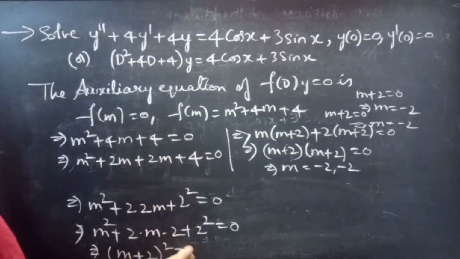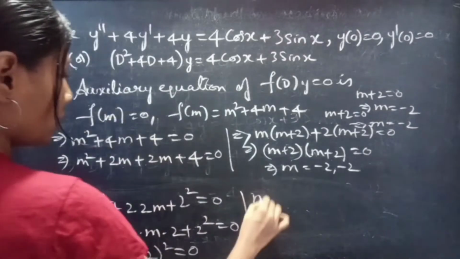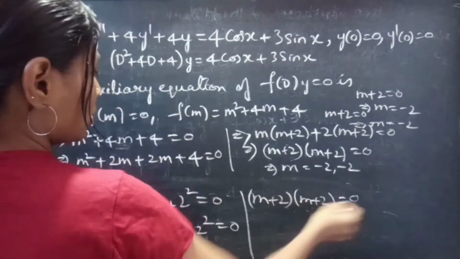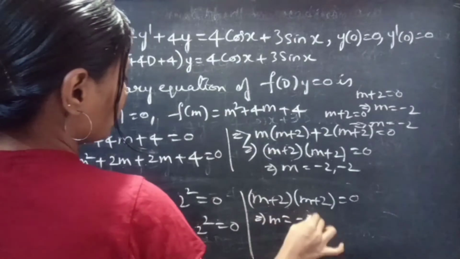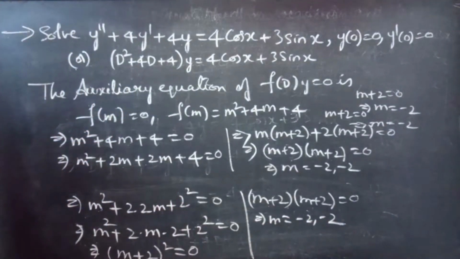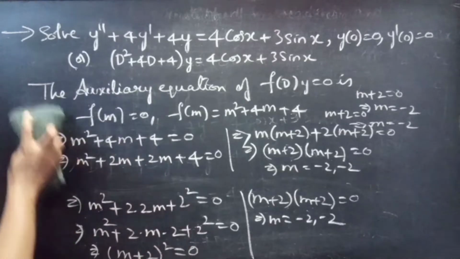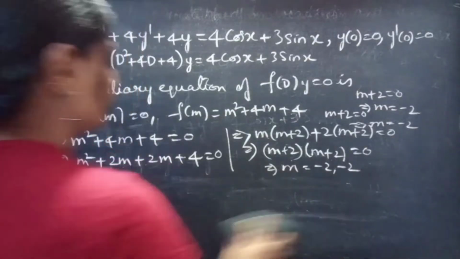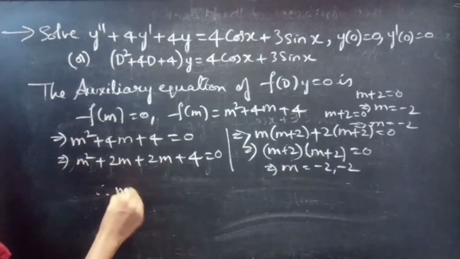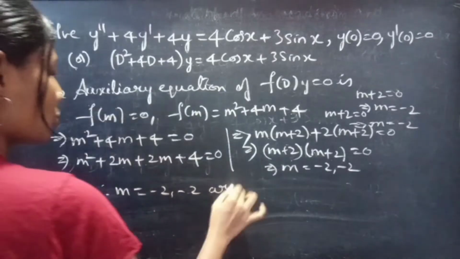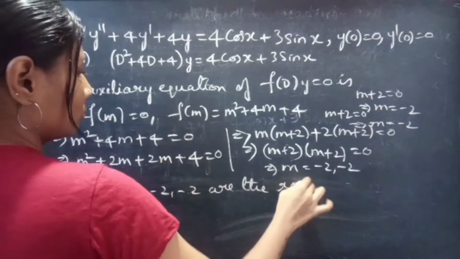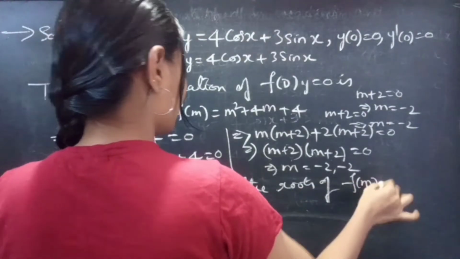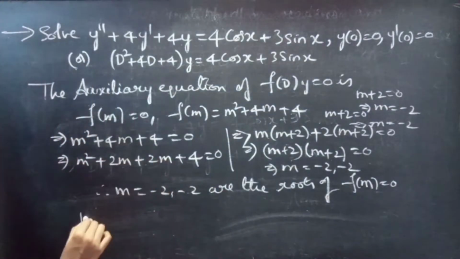Expansion of (m + 2)² means you're having (m + 2)(m + 2). If you equate each factor to 0, we'll get m = -2, -2. So -2 is a repeated root or equal root, we can say. Therefore, m = -2, -2 are the roots of our auxiliary equation, right? Which are equal.